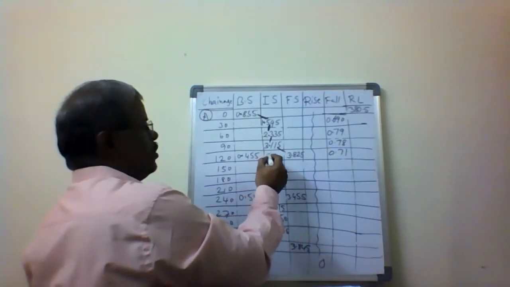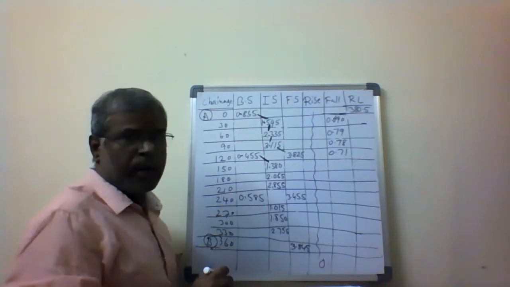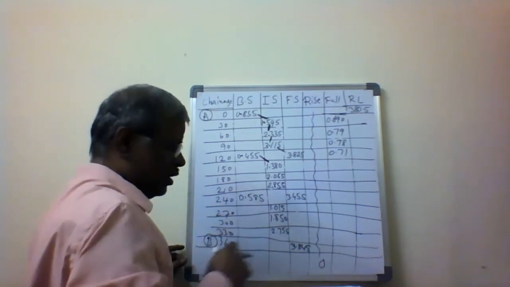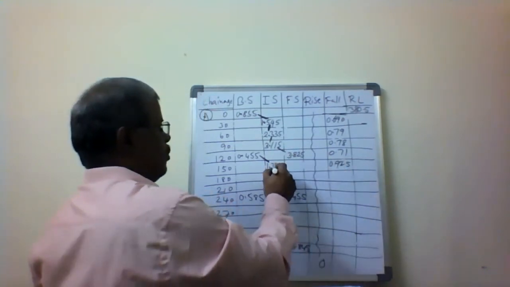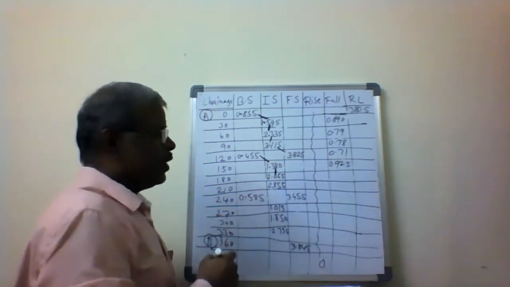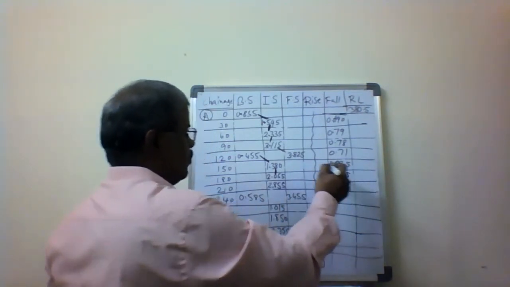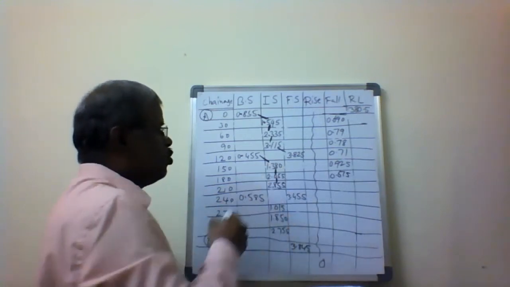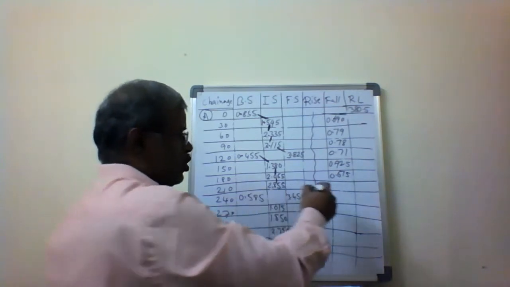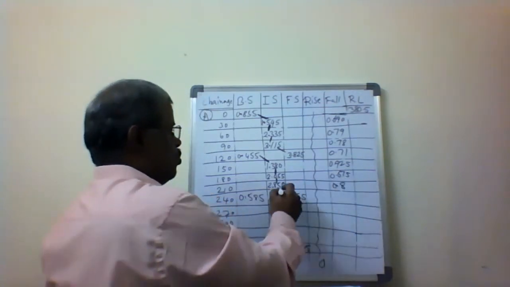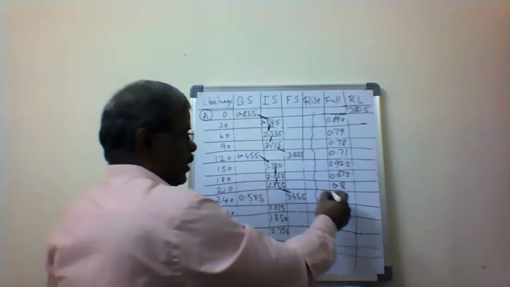Then we do not compare this one; we compare these two: 0.455 minus 1.380 is a fall, 0.925. Then comparing 1.380 minus 2.055 is 0.675. 2.055 and 2.855 is also negative, 0.8. 2.855 and 3.455 is 0.6.